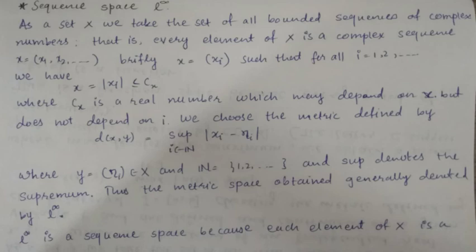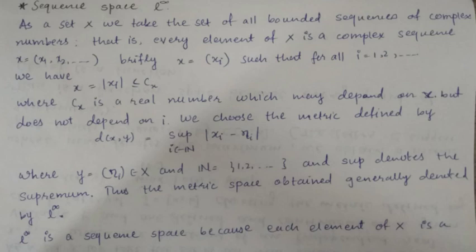If I take small x belonging to capital X, which type of element is my small x? That is x equal to x1 comma x2 comma and so on, and briefly I write it as x equal to (xi). So in short, my x is a sequence of complex numbers, but this sequence of complex numbers is bounded.